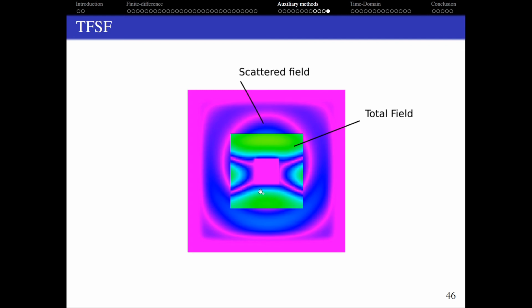At the same time, we might want to compute only the scattering cross-section, but for this purpose, we only need the scattered field. So we will put a sensor outside the TFSF boundary, and this sensor will record only the field that goes through it, which will only be the field that has been scattered.